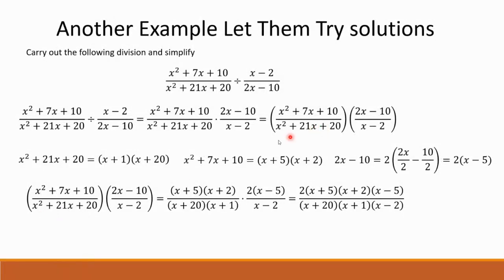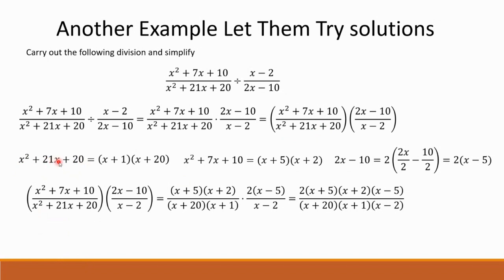For the denominator here, notice we have a trinomial, 3 terms, degree 2, and the leading coefficient is 1. So we want two numbers whose product is 20, and the sum is 21.